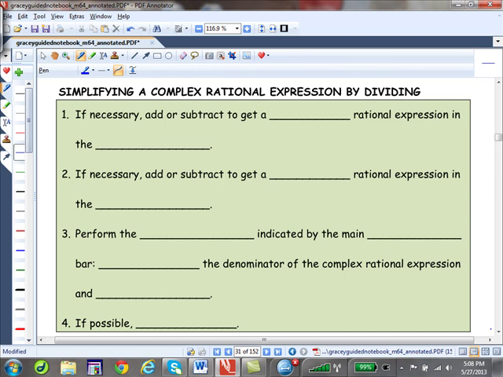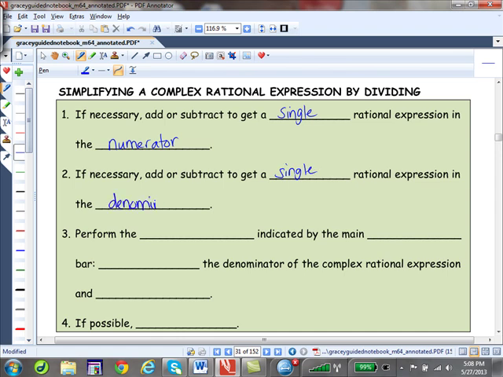This is how we simplify a complex rational expression the first way, by dividing. If necessary, add or subtract to get a single rational expression in the numerator. So we want one happy fraction in the numerator. And then again, if you need to, add or subtract to get a single rational expression in the denominator.